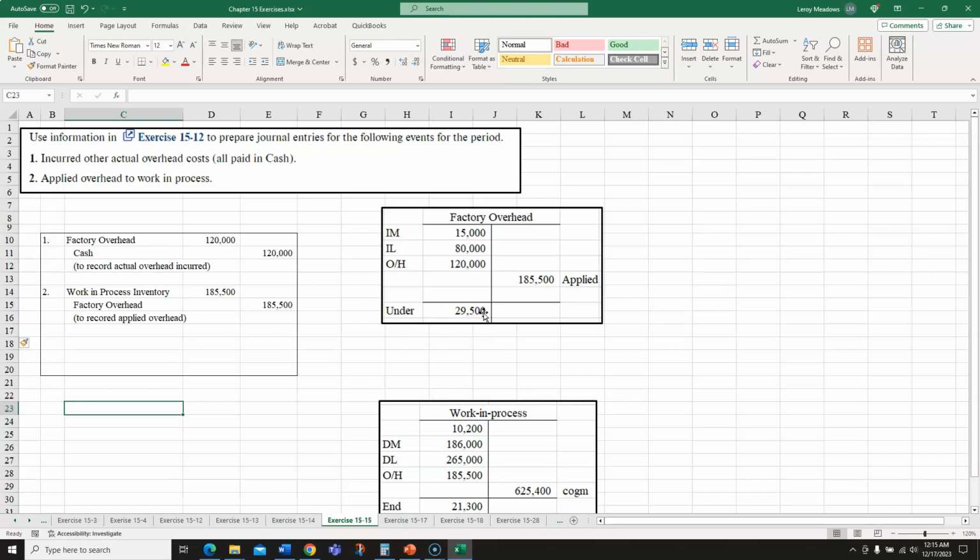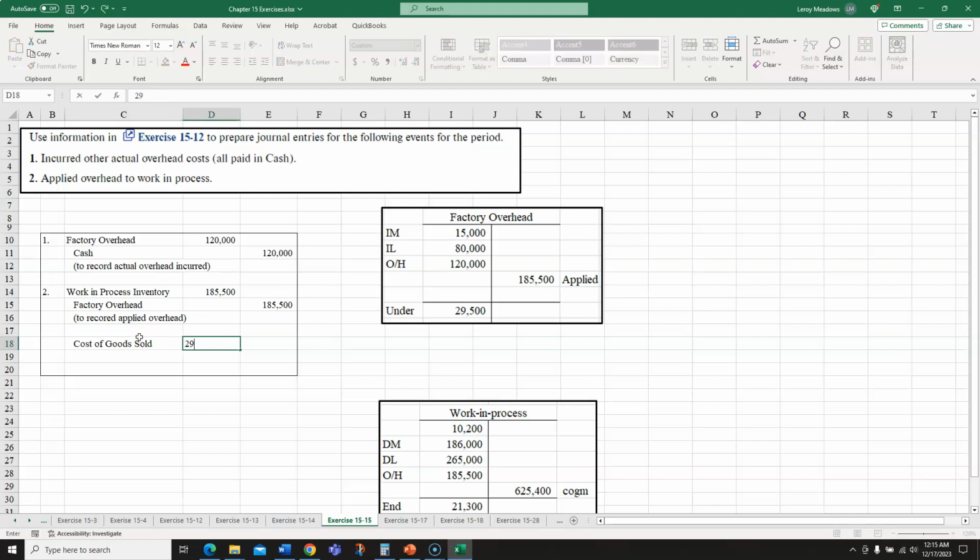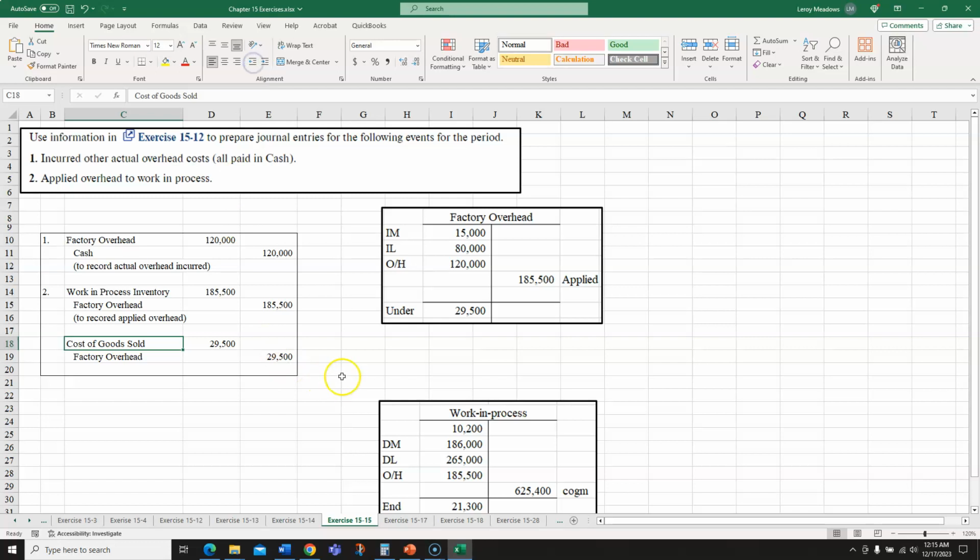Well, remember, I said that for our purposes, we're going to charge it off and bring it to a zero balance by putting it in cost of goods sold. So I could just debit cost of goods sold $29,500 and credit factory overhead $29,500, and that would be the way that I closed out and brought this to a zero balance.